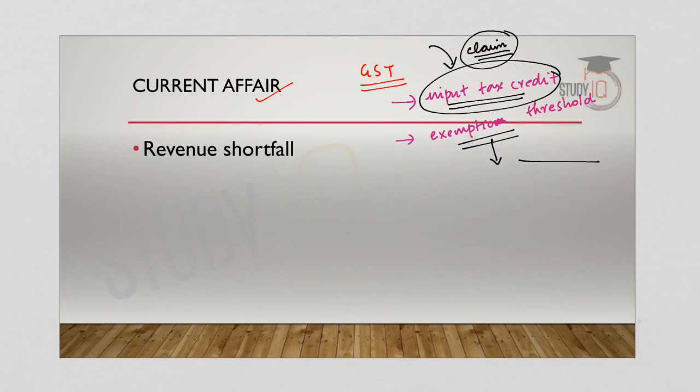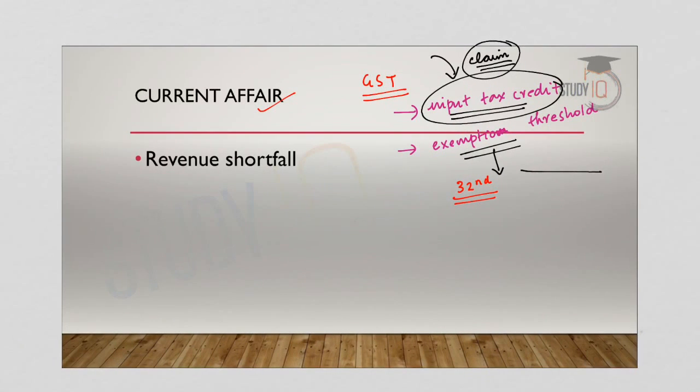Recently, in the 32nd GST Council meeting, the threshold was expanded from 20 lakhs to 40 lakhs. So now the threshold is 40 lakh. That means businesses, manufacturers or traders with an annual turnover of less than 40 lakh need not register with the GST. So these two are very important provisions under GST.